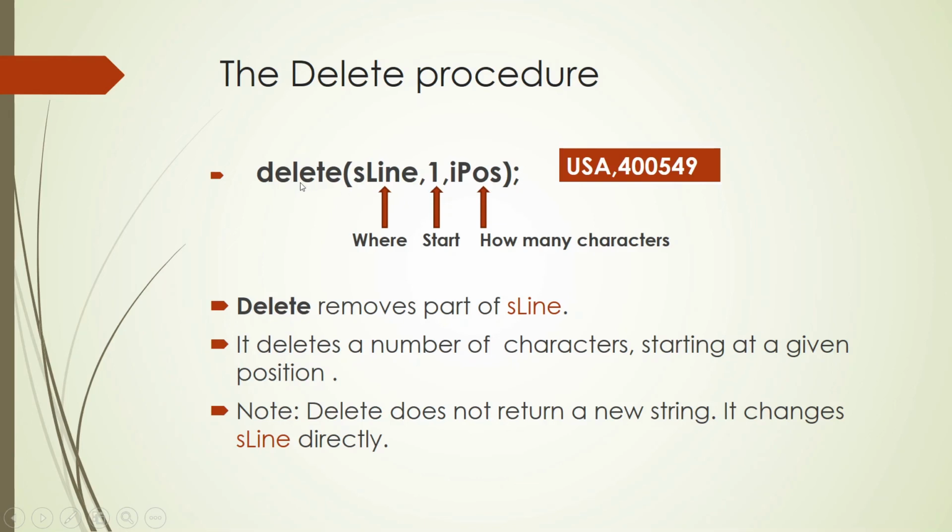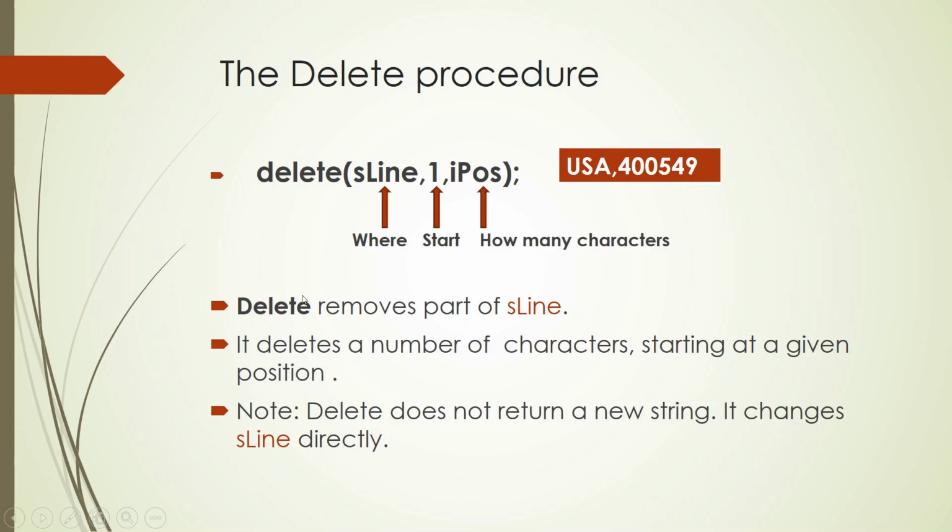I want to delete from sline, starting at position 1, and I want to delete ipos characters. How many characters? ipos has the value 4, that is the position of the comma, and I want to delete including the comma. So I want to delete USA, comma.